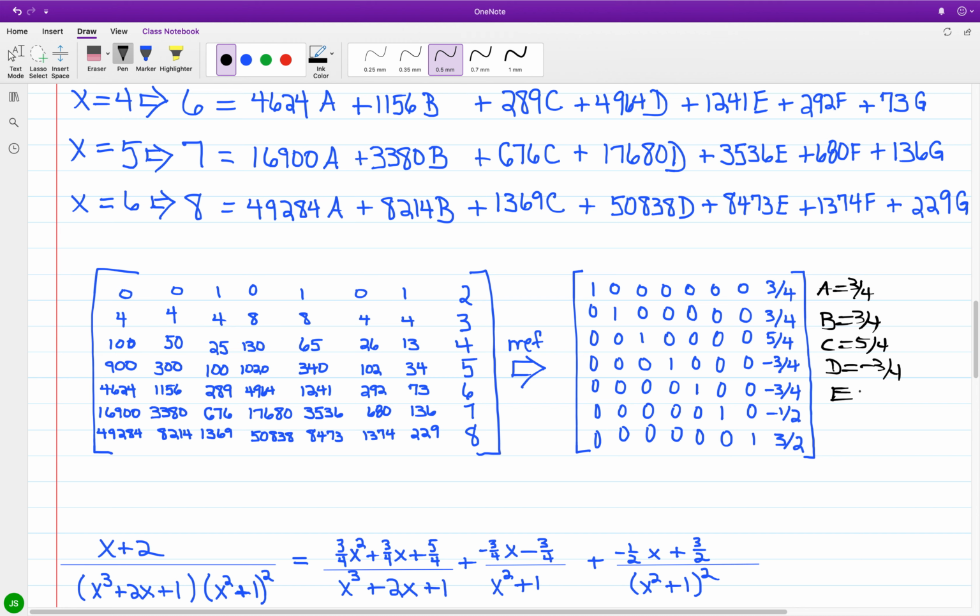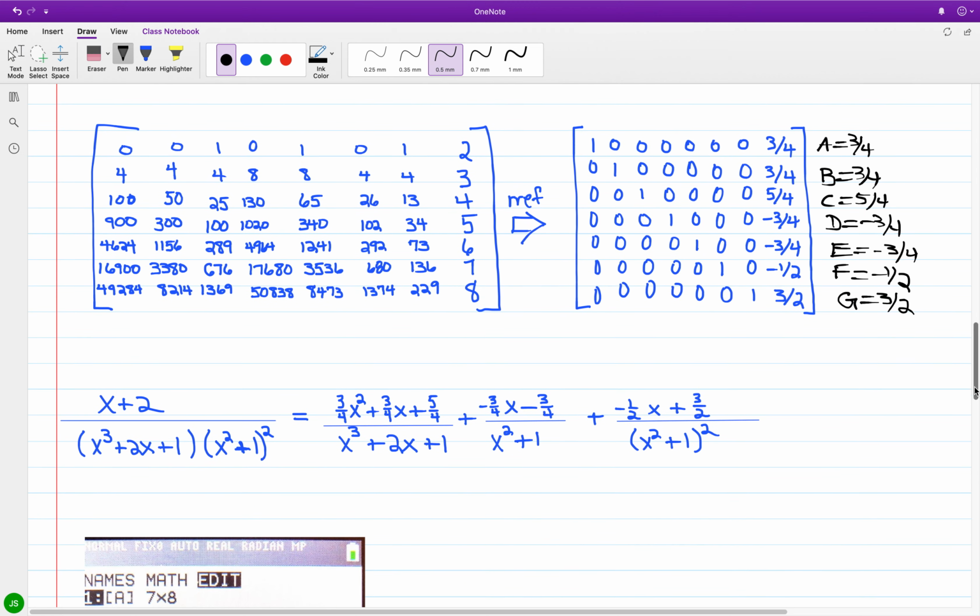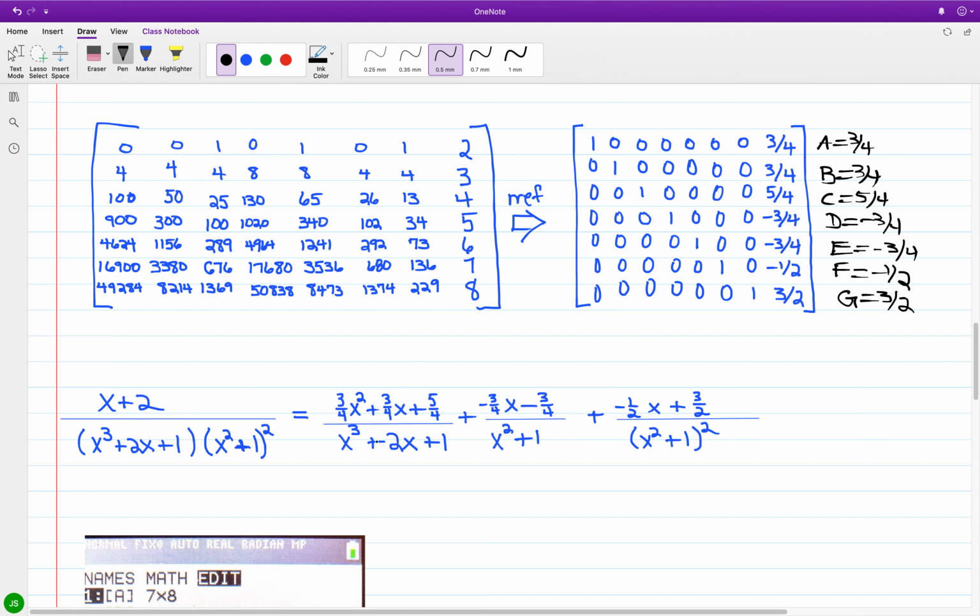You have e also equal to negative 3/4, f equal to negative 1/2, and g equal to positive 3/2. Looking at the results for this ratio, you could split this up, separating the terms, but I'm just leaving what we have here. So you have your ax squared plus bx plus c, dx plus e, as well as fx plus g.